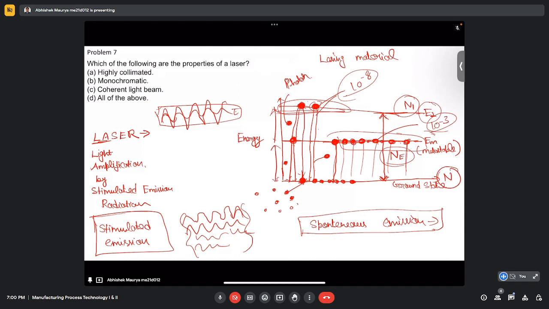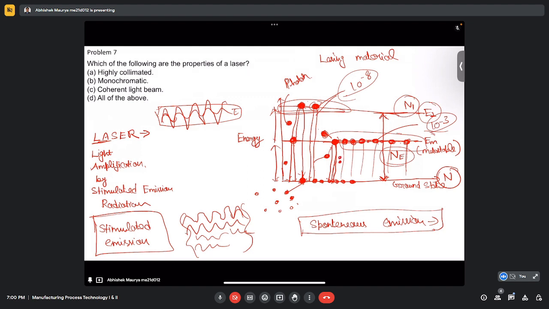If a photon of this energy gap comes and hits the excited state electrons, then the electron will come down to the ground state, and along with the photon which already came and hit this electron, one additional photon of the same energy is released.